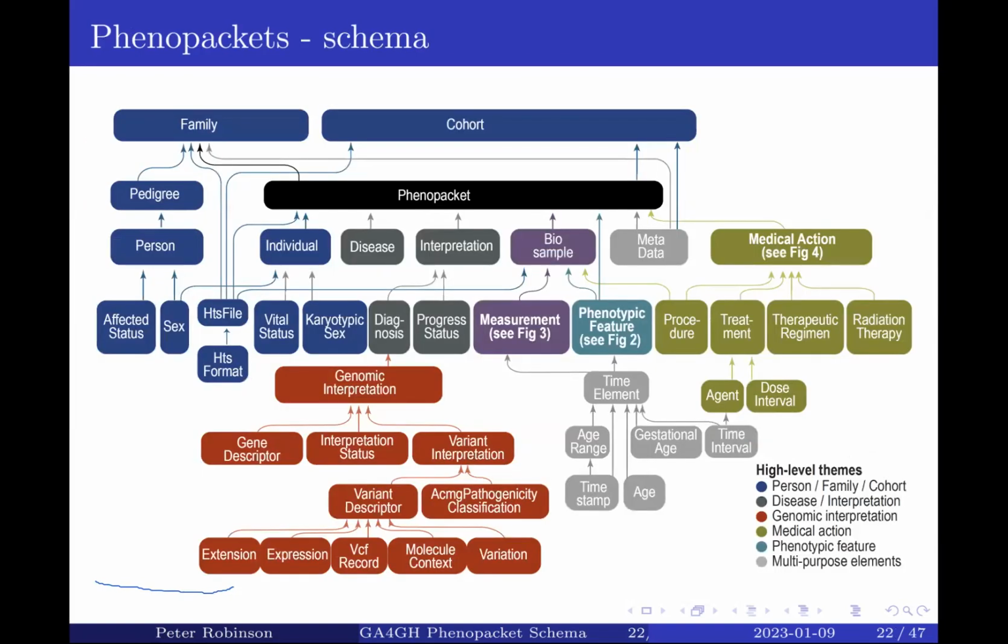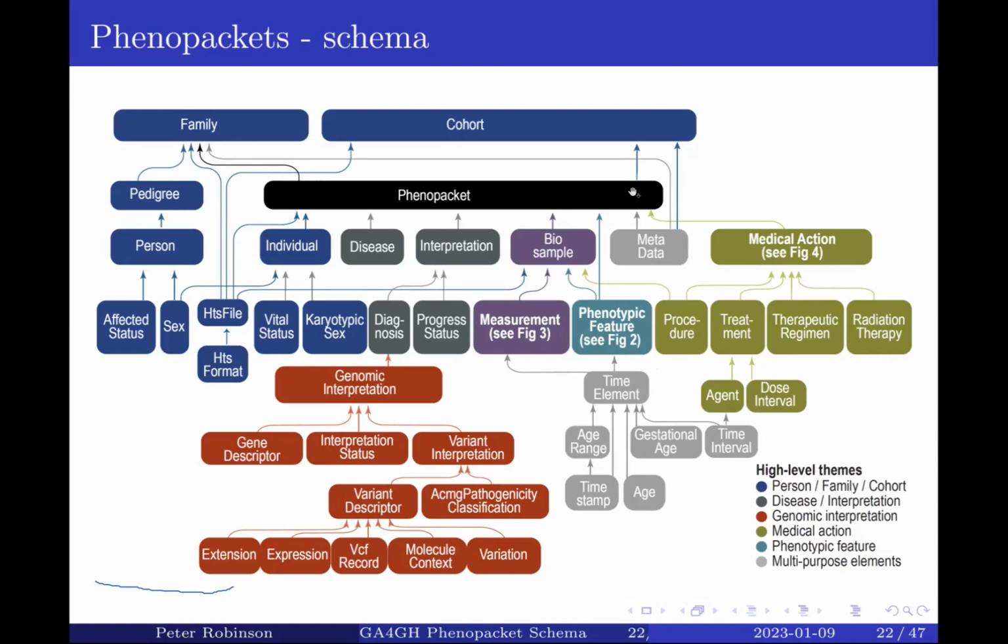This is an overview of the standard. Happy to answer some questions about the technologies we use to generate this. It involves something called protobuf, but you can think of this as a JSON schema, a hierarchical schema of information. And in the following slides, I'll be presenting a little bit more detail, for instance, about the phenotypic feature, which is here, the measurement, and a few other things.